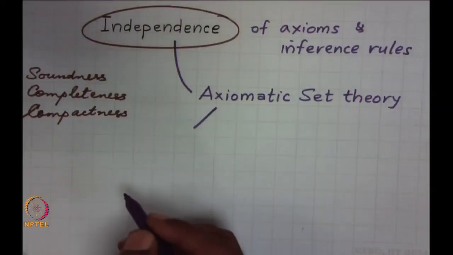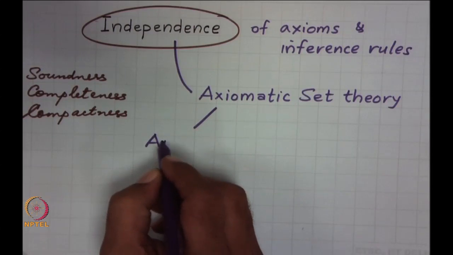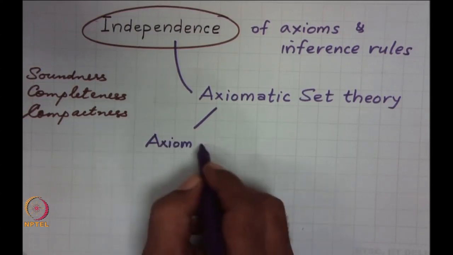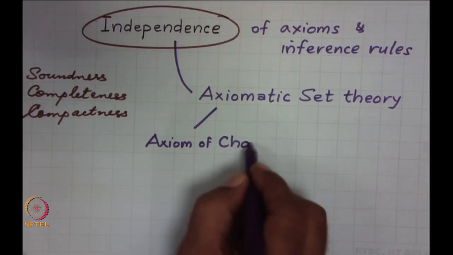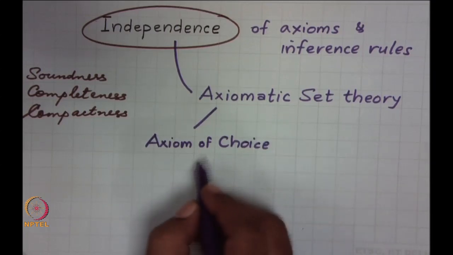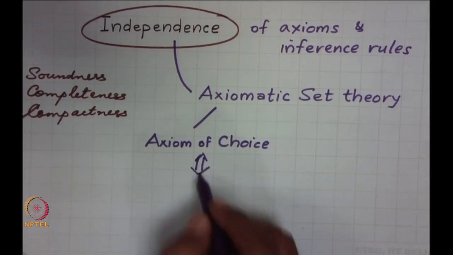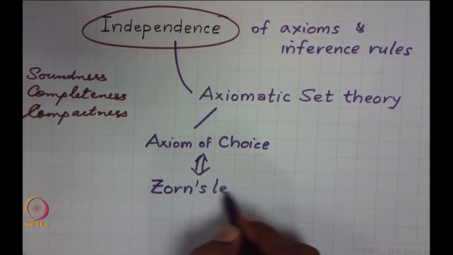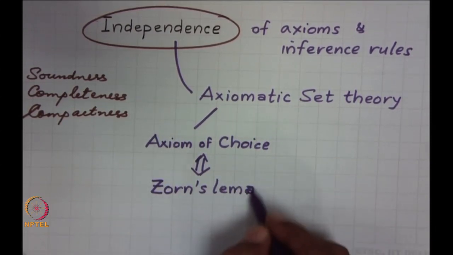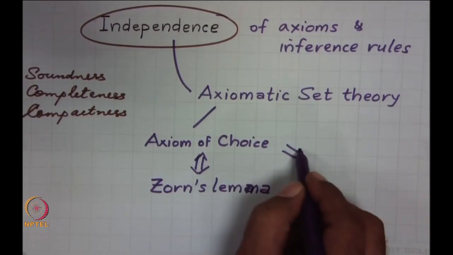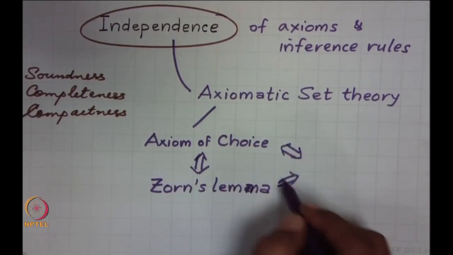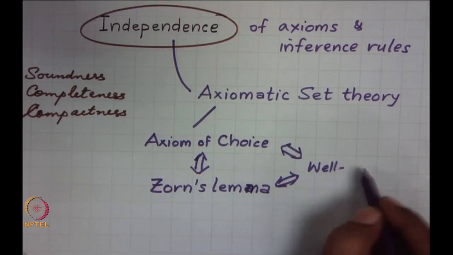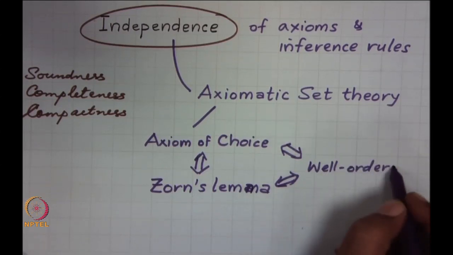And one of the important things about axiomatic set theory is the axiom of choice, which you have probably seen in a different fashion, because the axiom of choice is actually equivalent to two other things. One is Zorn's lemma, and the other is the well ordering theorem, right.